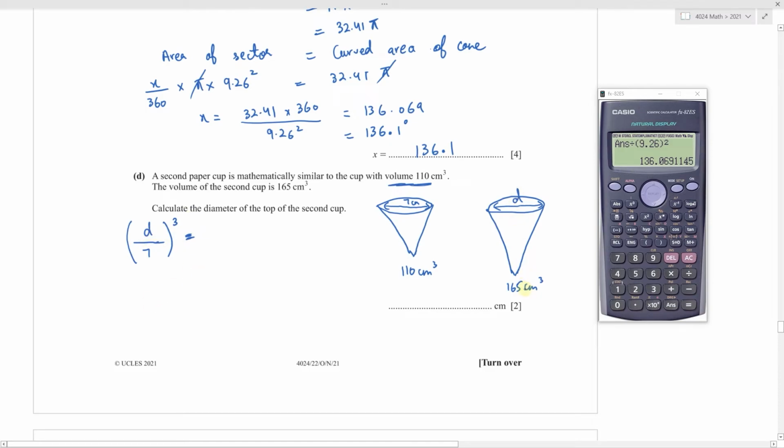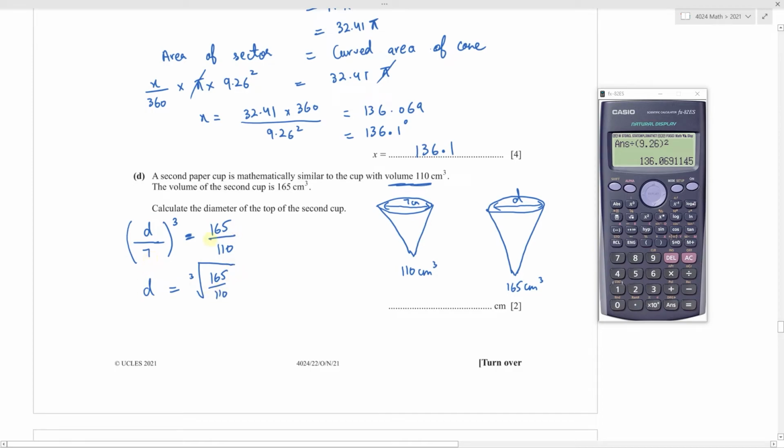So what is the volume of the cone? It will be in the numerator 165, and the volume of the other cone is 110. So now we have to find D here. So D will be cube root of this. If I take this cube to the other side, 165 divided by 110, and then take the cube root.